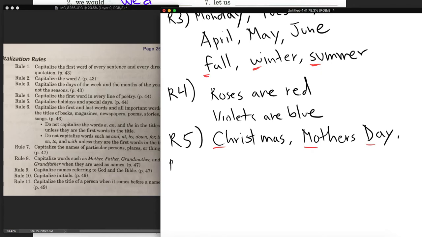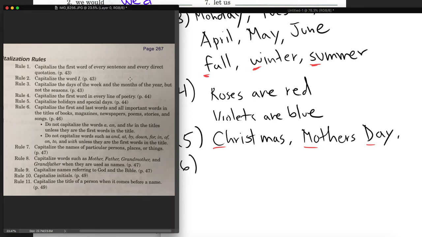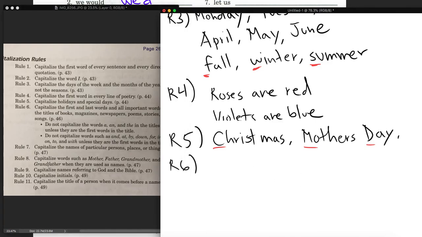Rule number 6 is capitalize the first and last word and all important words in the titles of books, magazines, newspapers, poems, stories, and songs. Do not capitalize the words a, an, and the in the title unless they are the first words in the title. You also do not capitalize words like as, and, at, by, down, for, of, on, to, and with, unless they are the first words in the title.